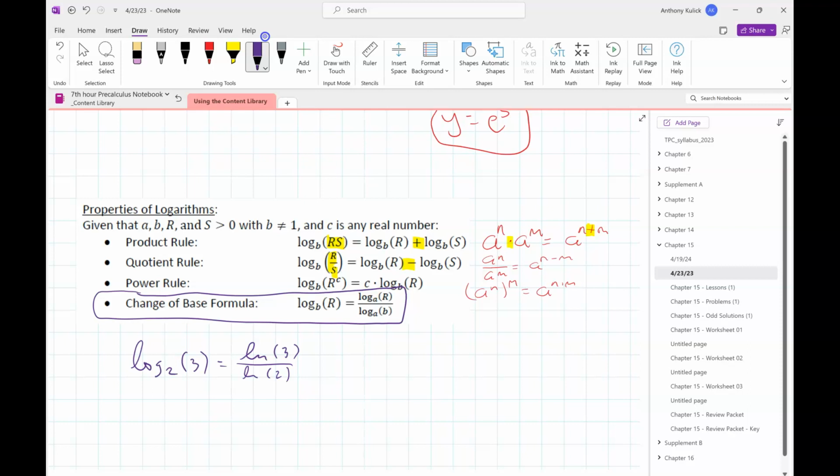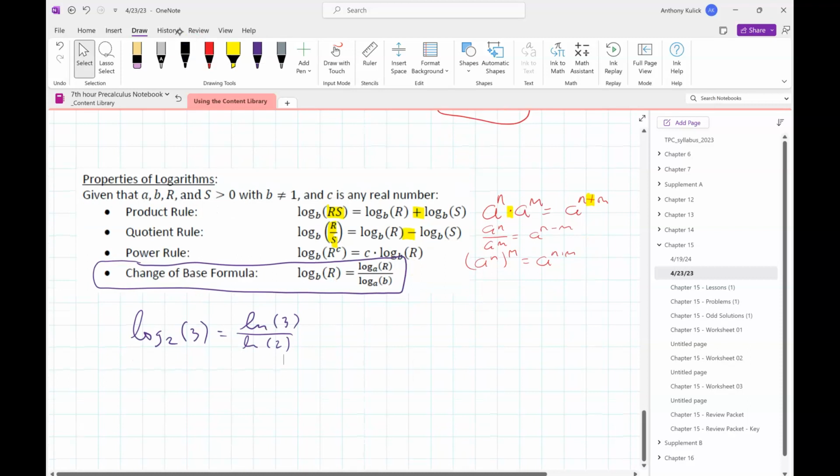So the change of base formula is not really super meaningful to you because of the power of your technology you're wielding versus the technology I wielded as a high school student. Do you feel bad for me yet?